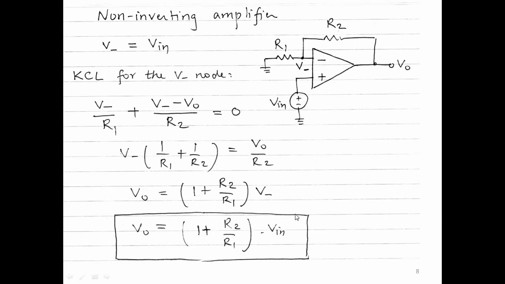So this circuit is called a non-inverting amplifier because the output and input have the same sign. If the sign is negative here, it's called an inverting amplifier. So let us look at this expression. What it is telling us is that I can use this op-amp. By the way, op-amps are widely available in the market. They are simple chips and they are very cheap. One kind of general purpose op-amp will cost about 5 rupees or so.